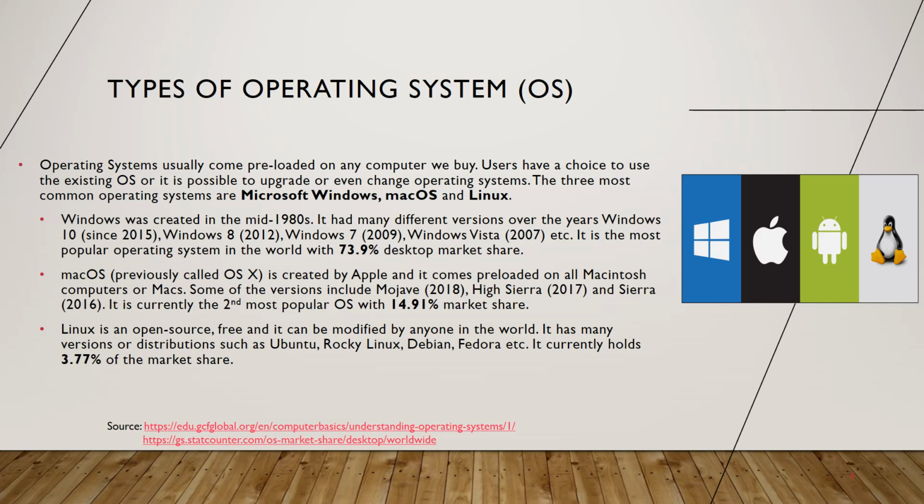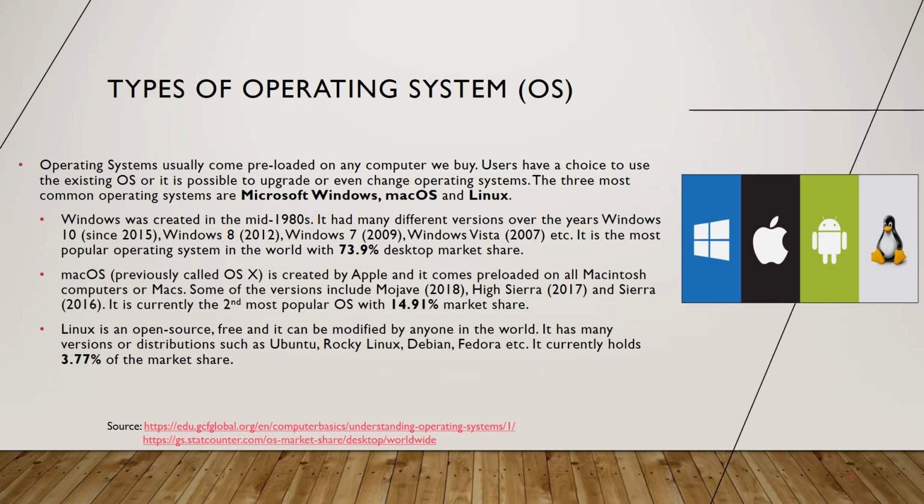Some of the versions include Mojave, High Sierra, Sierra 2016, and I believe most of us are familiar with Yosemite, which was released a while ago, and it is in all Mac computers. Mac OS is currently the second most popular operating system with 14.91% market share.